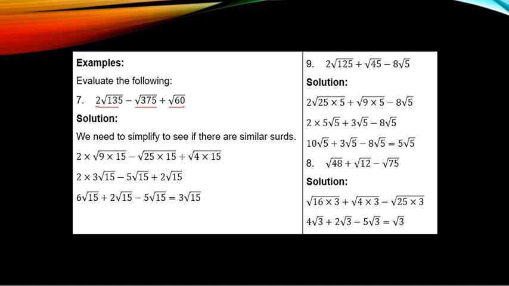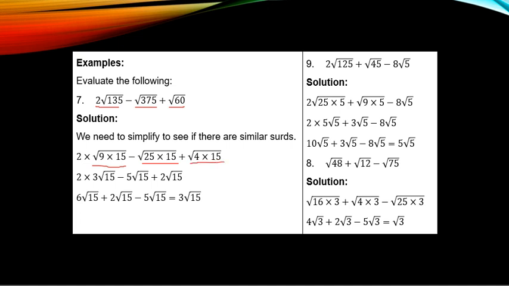When you do that, by the time you get to 15, you are going to have 9 times 15, because 9 is a perfect square. For 375, when you also get to 15, you have 25 times 15. Then for 60, you have 4 times 15.